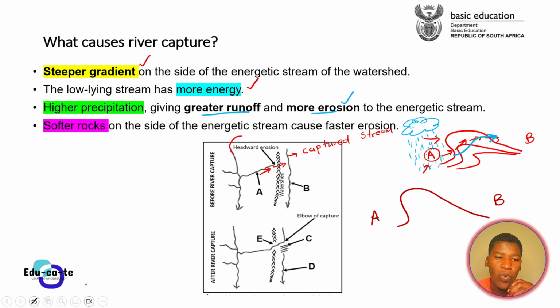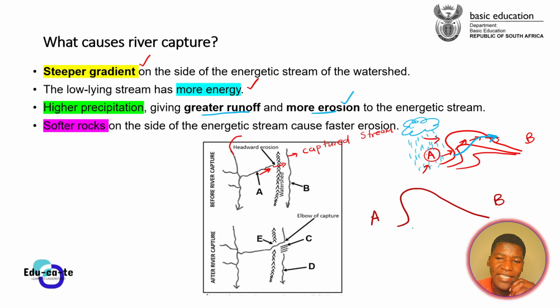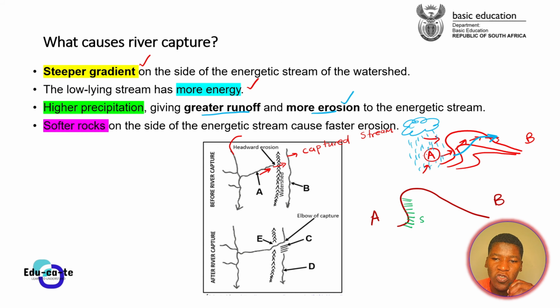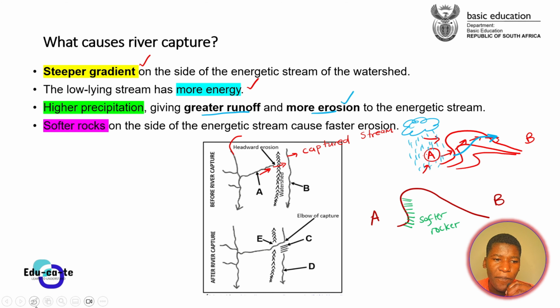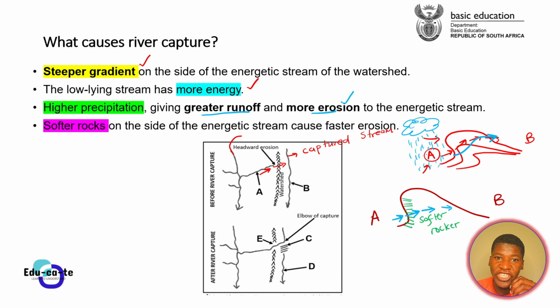So now we are going to assume that this side here, this side of the more energetic stream, has got layers of softer rock. So if there are layers of softer rock, then this more energetic stream that is flowing on this side, which is stream A in this particular case, will be able to erode backwards through the softer rock, causing the watershed to just fall off.